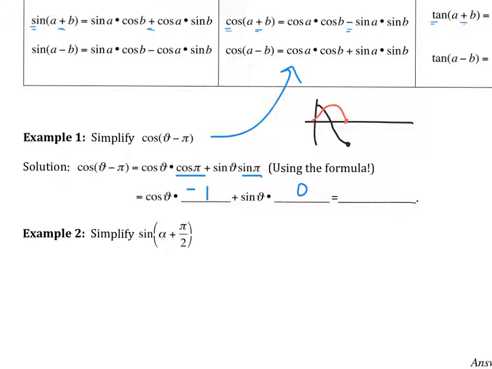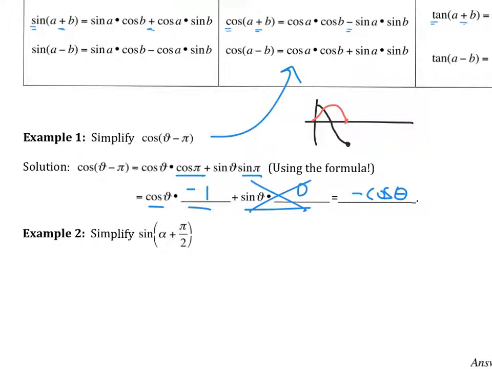I picture the sine curve as opposed to remembering the unit circle. So if I have sine multiplying by 0, what happens to that? That just cancels out, which means -1 times cosine theta can be simplified to negative cosine theta, and I'm done.